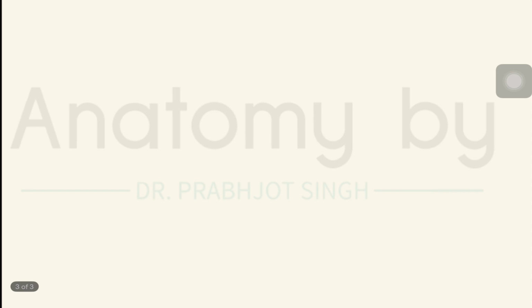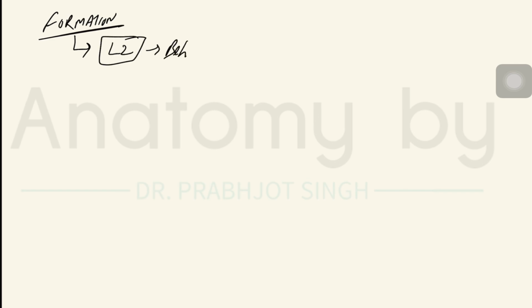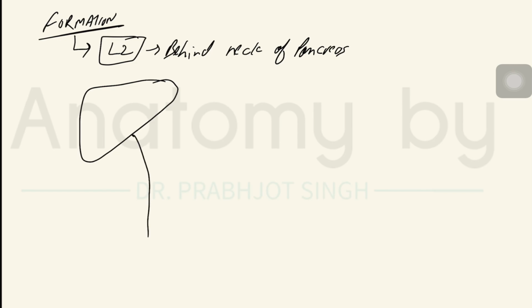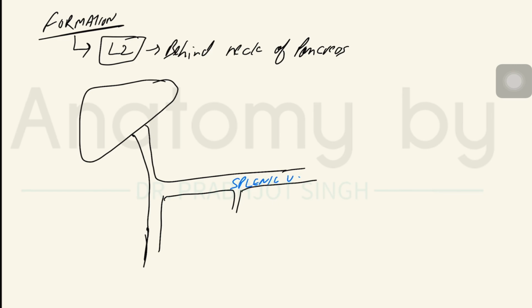Now, the formation. Formed at the level of L2, behind the neck of the pancreas, by the union of the splenic vein and the superior mesenteric vein.